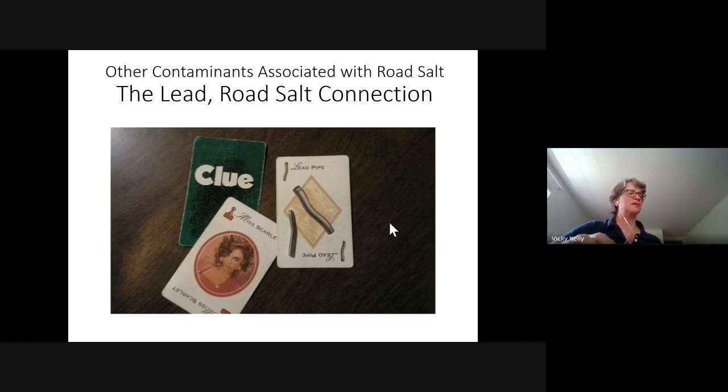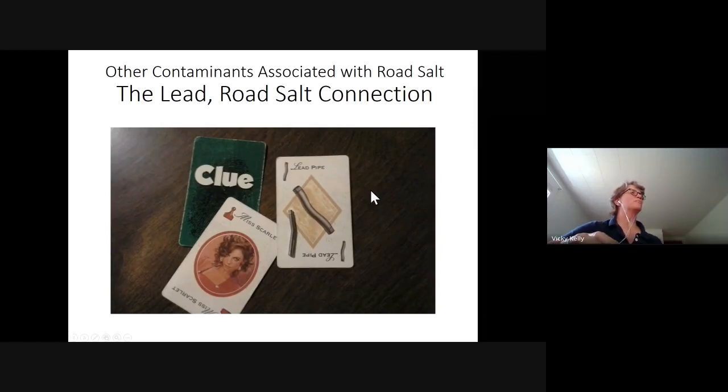That happened because the city switched to using water from the Flint River, which was contaminated with road salt. And so the question that everybody is asking is if this is a widespread phenomenon.